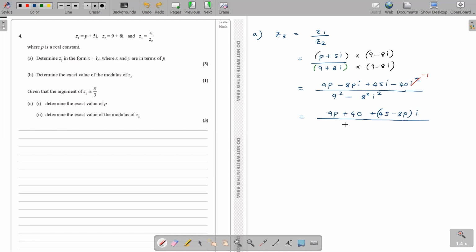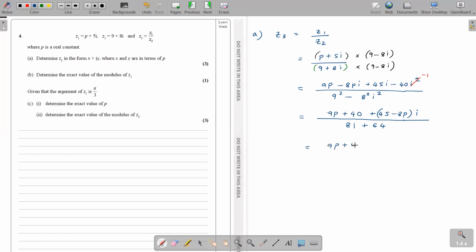And in the denominator, I have 9 square is 81. You know, again, i square is minus 1. Minus 1 into minus 8 square, how much is it? This is a plus 64, right? i square is minus 1 into this minus is plus 8 square is 64. Okay, can I have the addition here?